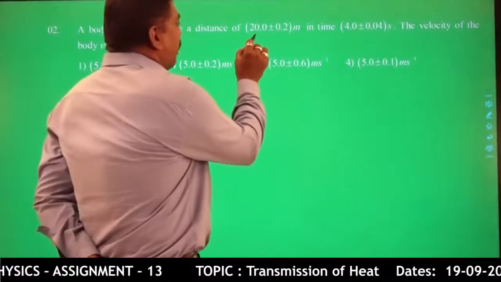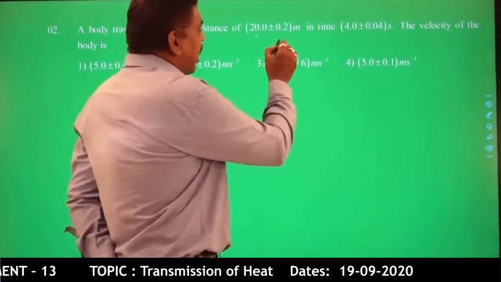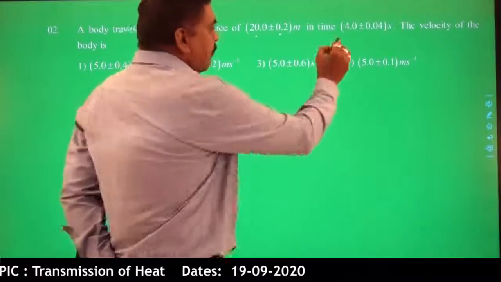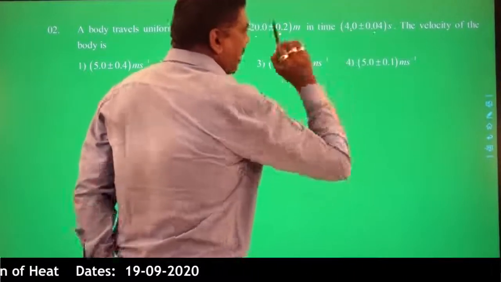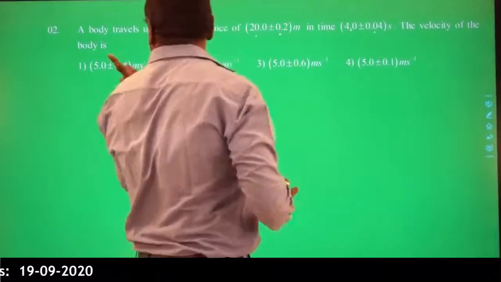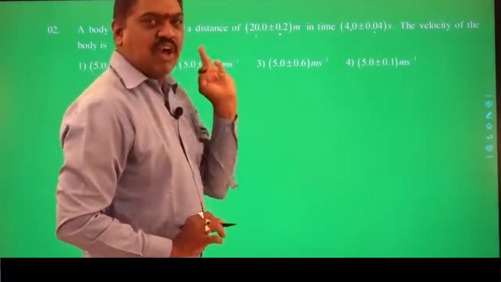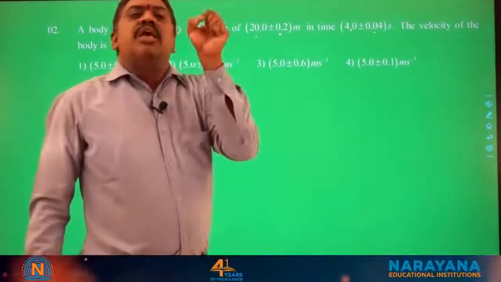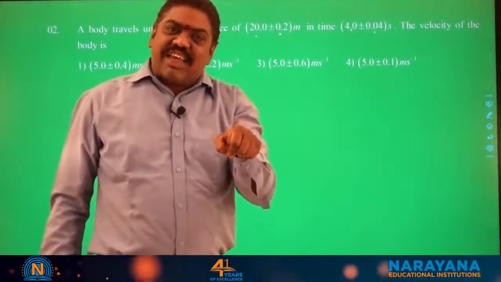The first part is the numerical part, the second part is the error part. He wants the velocity of the body, which means you have to write the result as v plus or minus delta v.